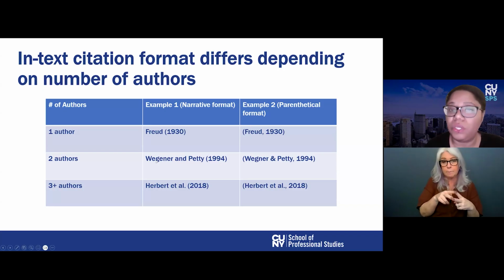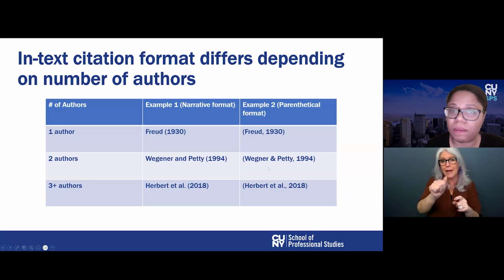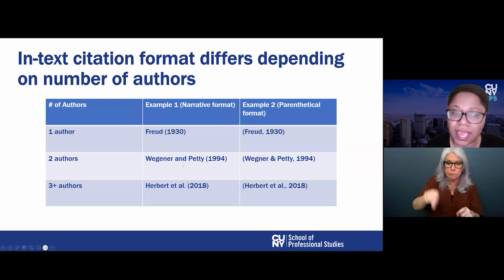If your source has two authors, then you would list both names. In parenthetical format, you would use an ampersand, that and symbol. In narrative format, you would actually write the word and.